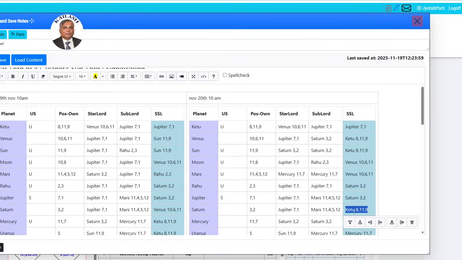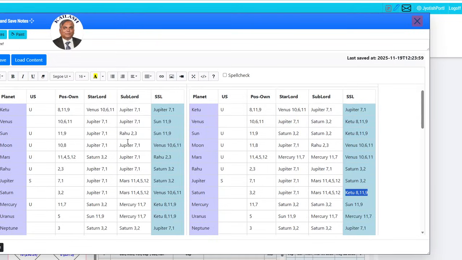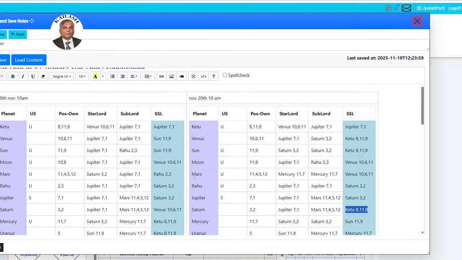That is the whole idea behind the sublord: to find out about the slow moving planets. They are not going to change the sublord in 24 hours. Slow moving planets will not change. But the sublord might or might not change; we saw that with at least one example.